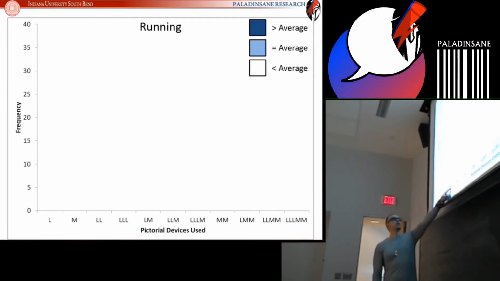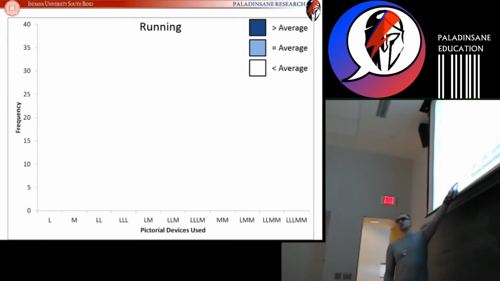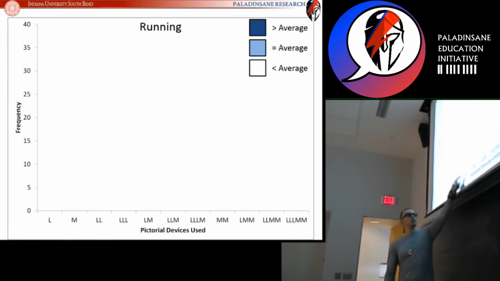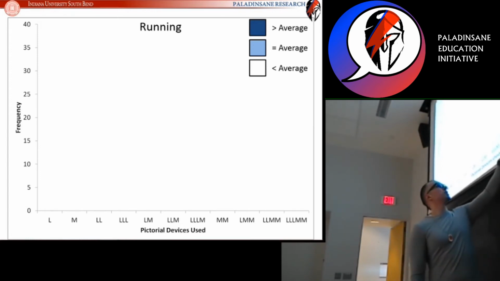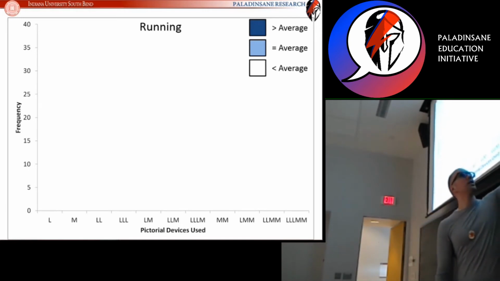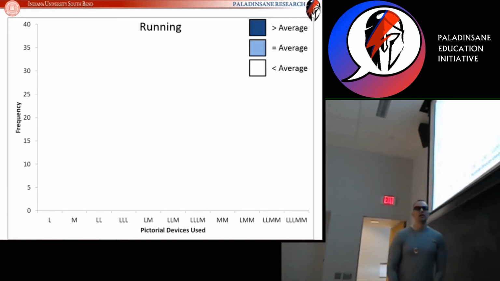This would be one metaphorical device. This would be pictures that only had 2 literal devices, 3 literal devices, 1 literal and 1 metaphorical, 2 literal and 1 metaphorical, all the way up. This one over here, 2 metaphorical, all the way up to the ones that used multiple metaphoricals and the ones that used all 5 devices.